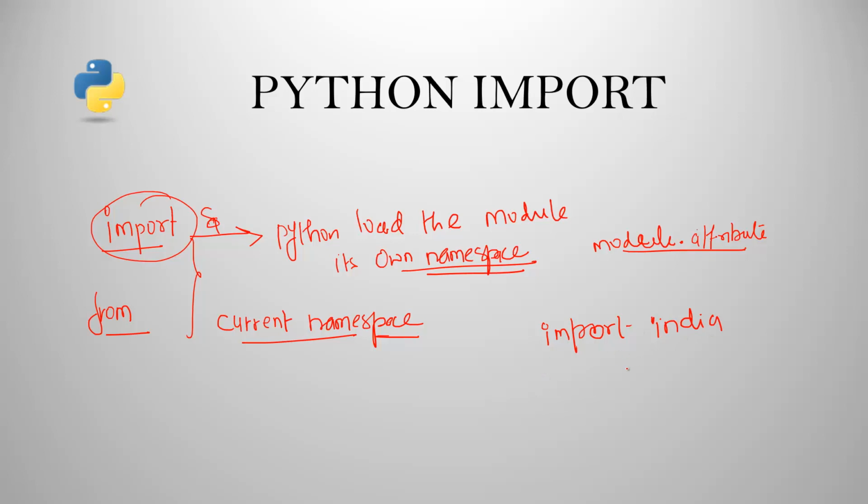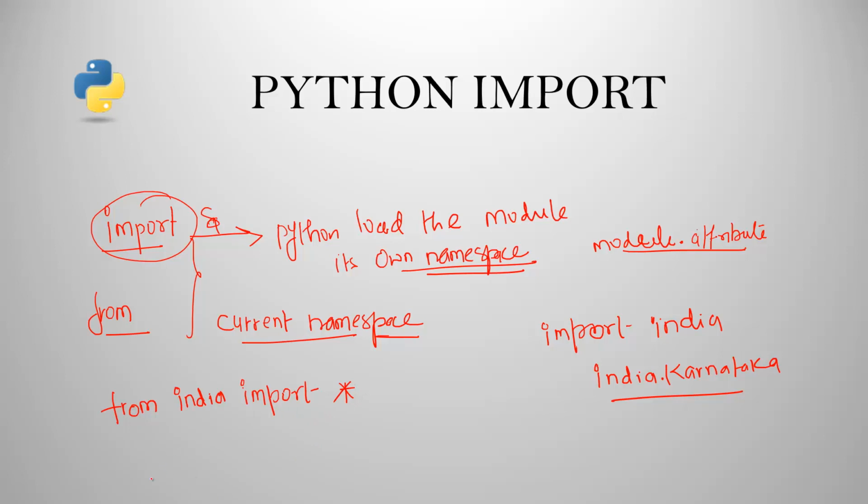If you want to access the states of India, we need to type India.Karnataka. If you are importing using from, so from India import star. Star means we want to import everything.